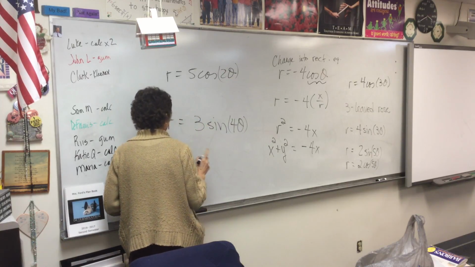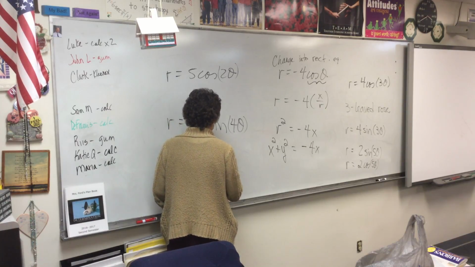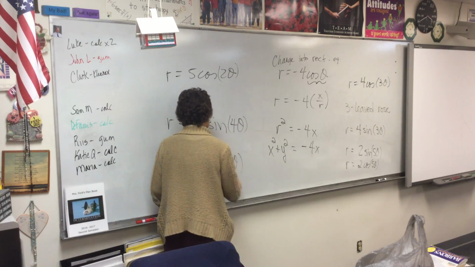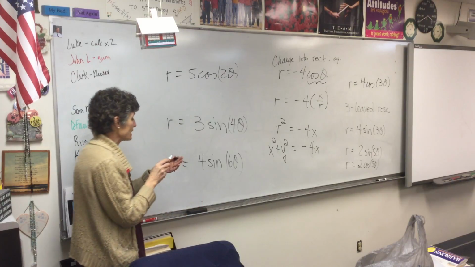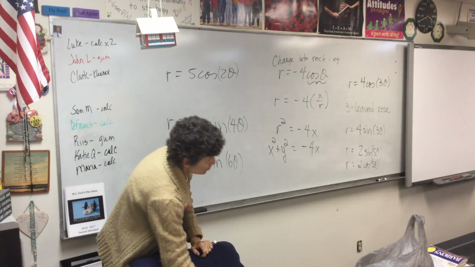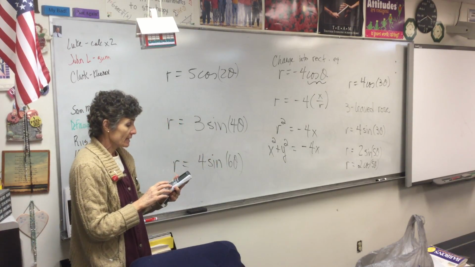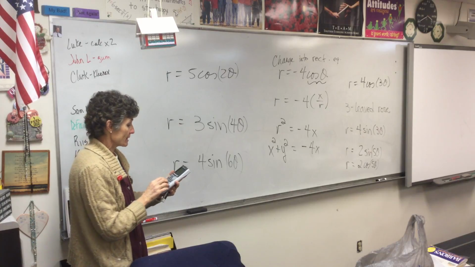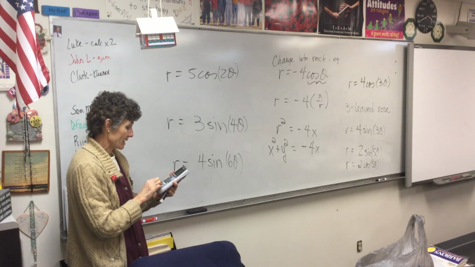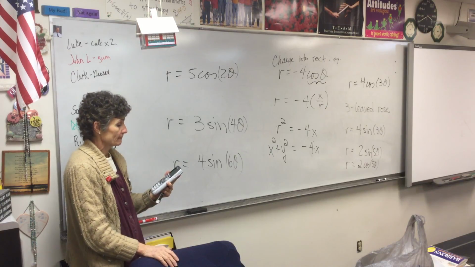Not together, graph them individually. And then when you're done, I want you to graph this one. Now remember, if you're getting any jagged edges, you need to change your step to a smaller number. It is possible that some of these will give you jagged edges with the setup that we have in place.